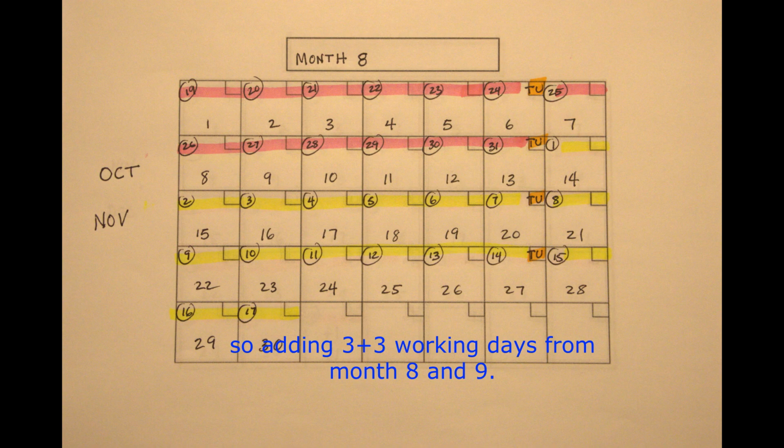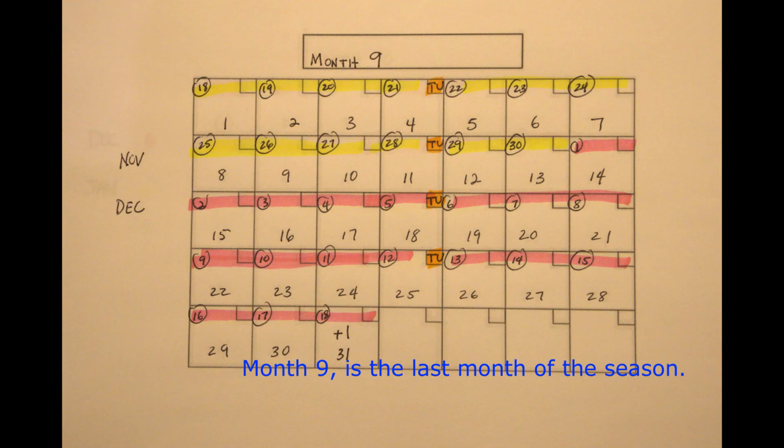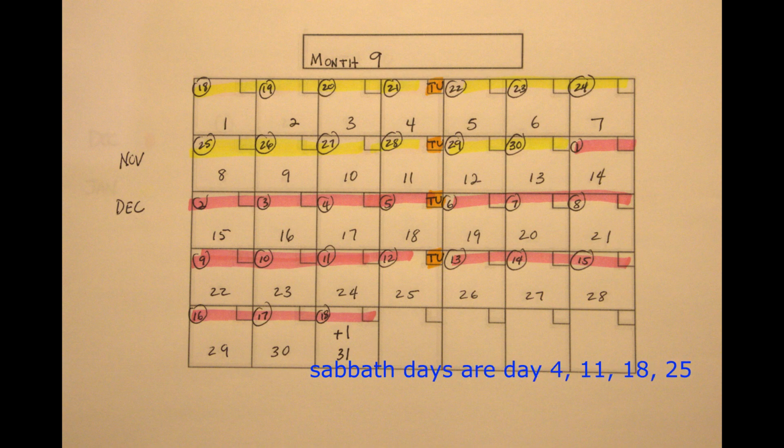So adding 3 plus 3 working days from months 8 and 9. Month 9 is the last month of the season. Sabbath days are Day 4, 11, 18, 25.